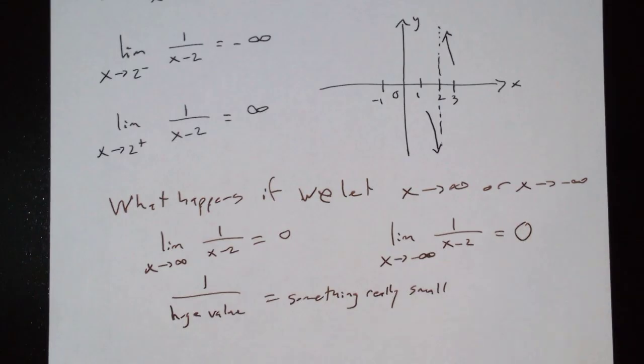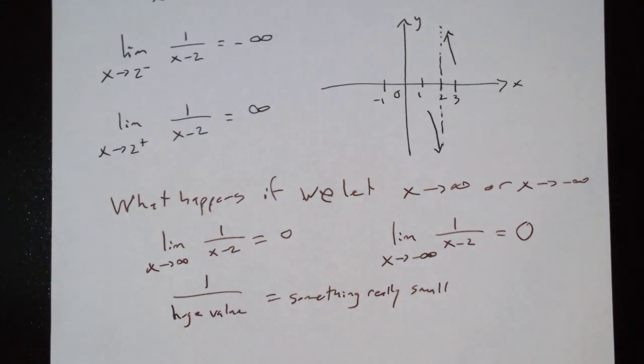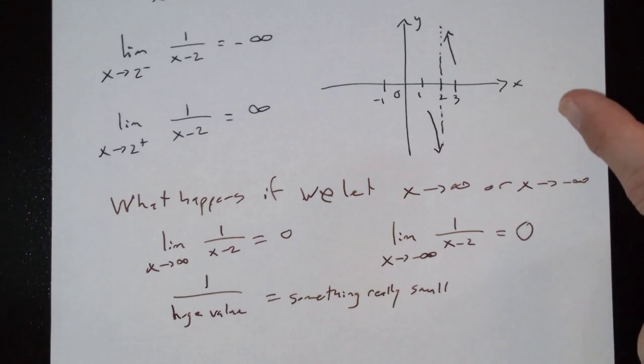So this will also be 1 over something really huge. It'll just be a negative something. What's going to happen in my picture?